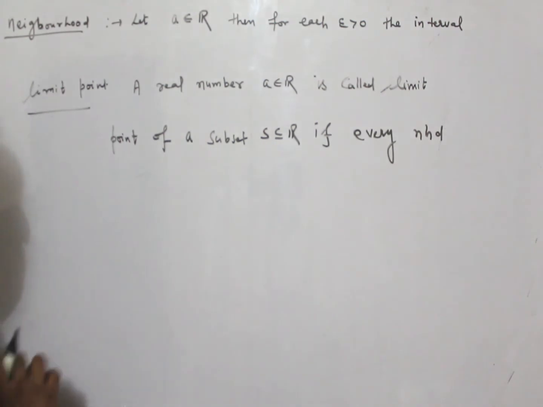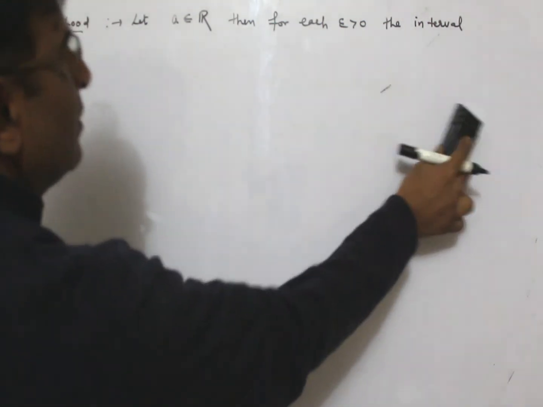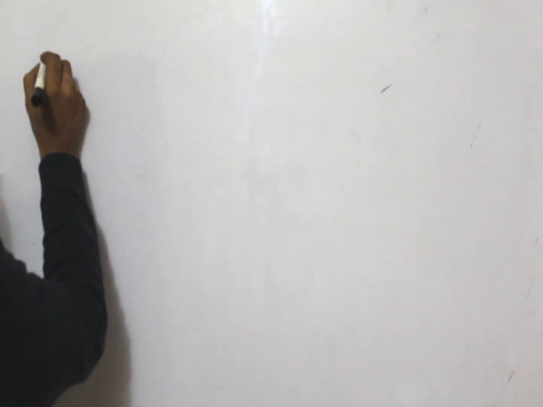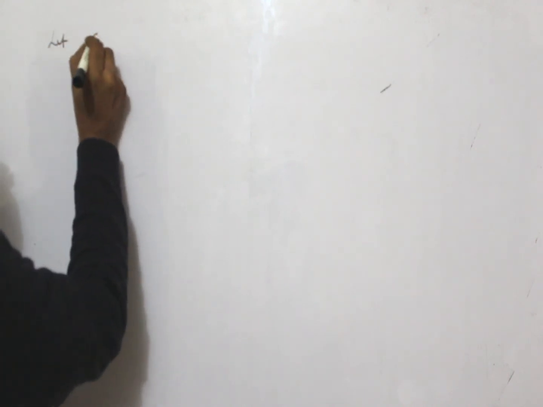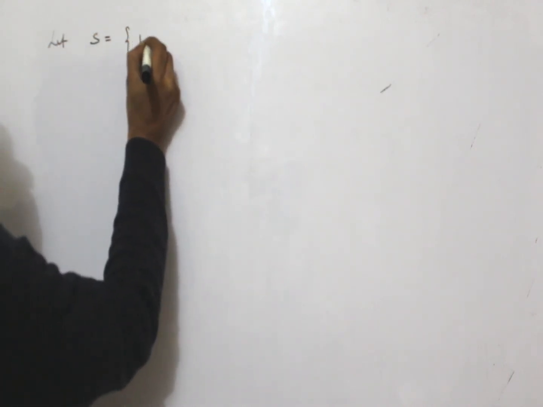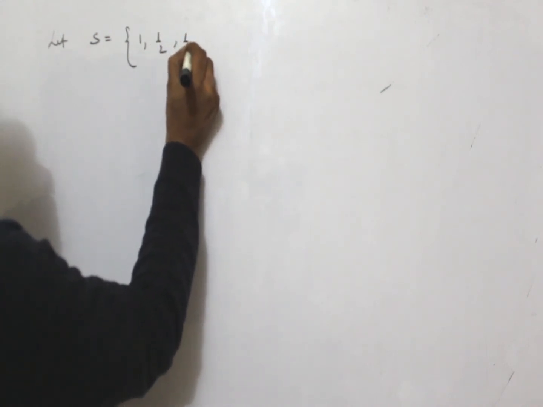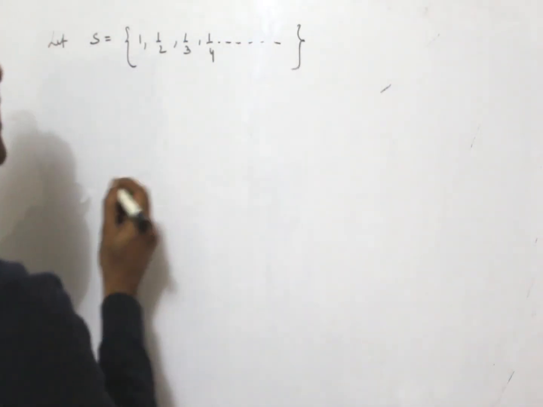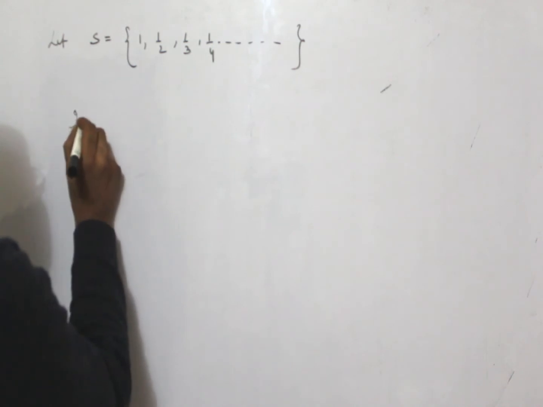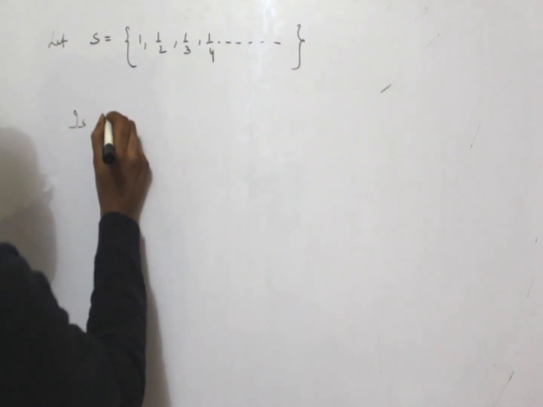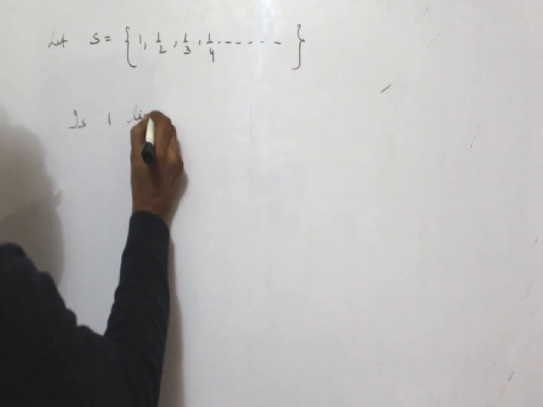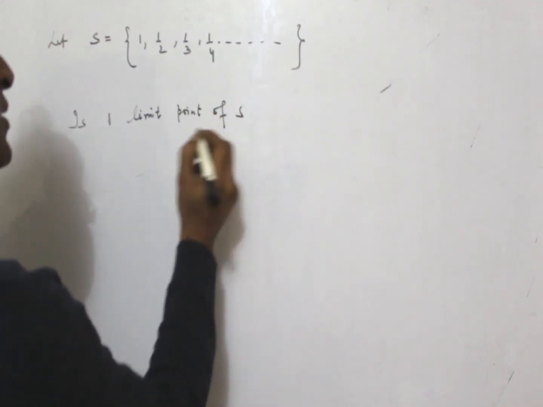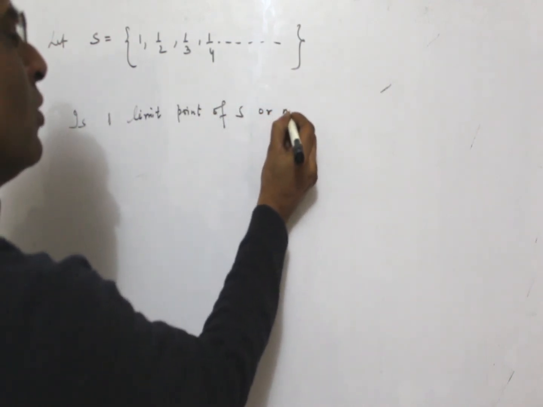Now my question is, another question: let S be 1, 1 by 2, 1 by 3, 1 by 4 and so on. Then is 1 a limit point of S or not?